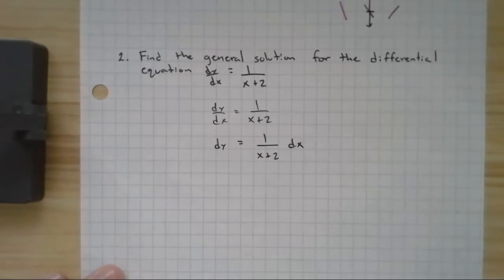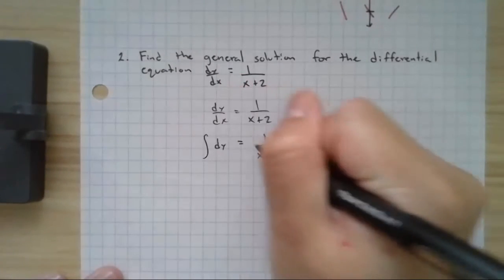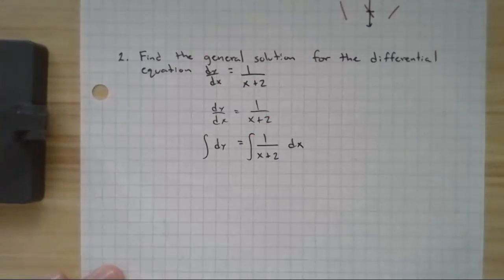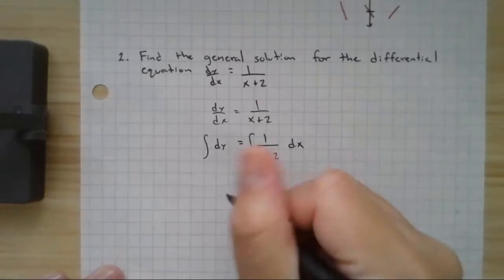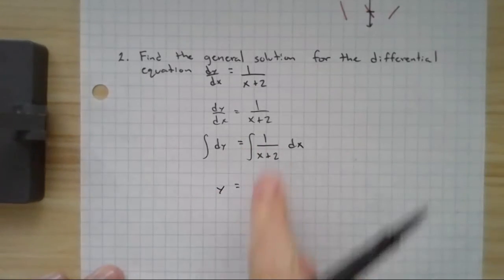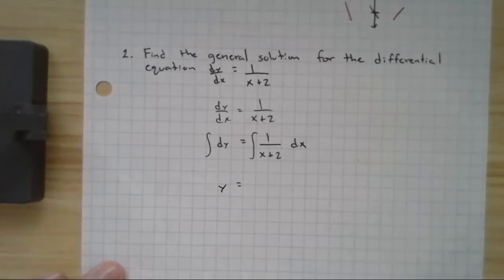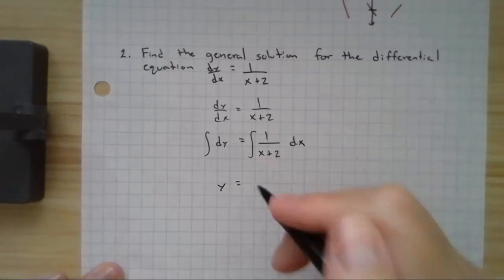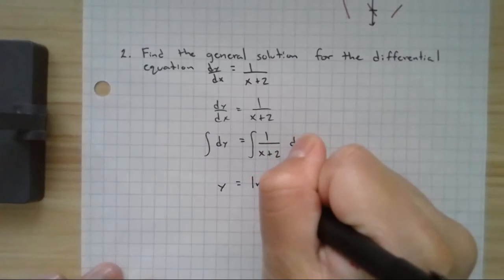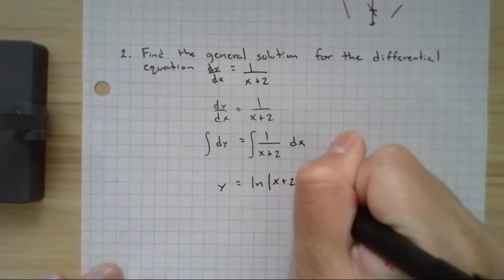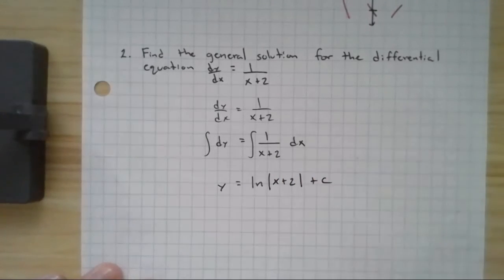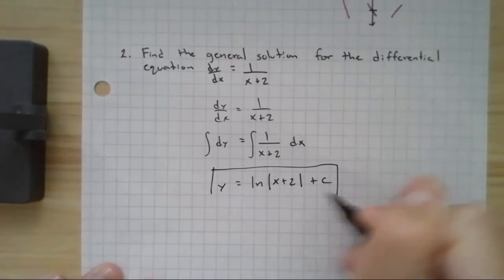This will allow you now to integrate. The integral of dy would just be y. The integral here, again, use the Unit 6 reference sheet. This stuff is there. And you'll get ln absolute value of x plus 2 plus c. That would be the general solution there.